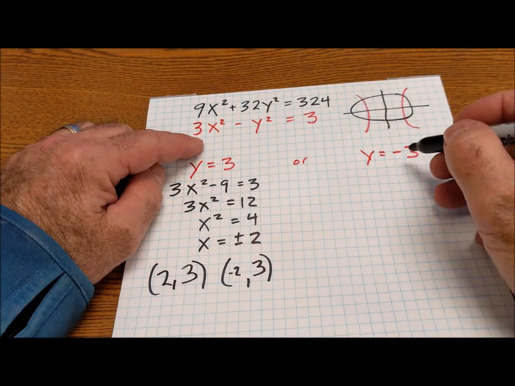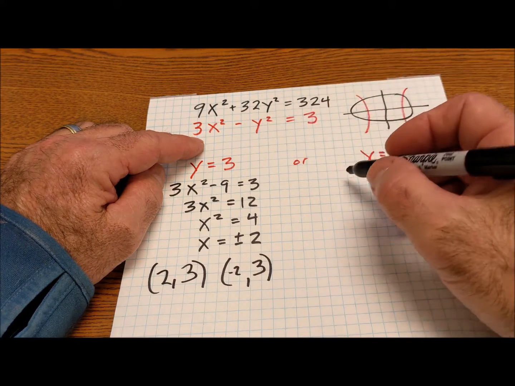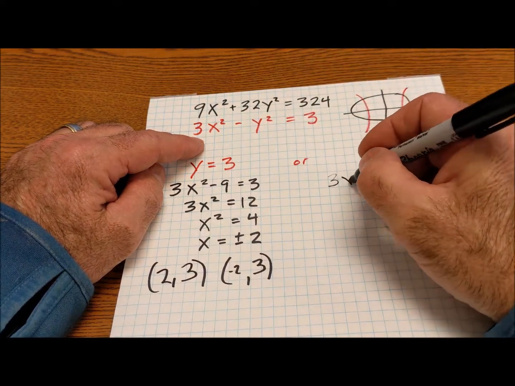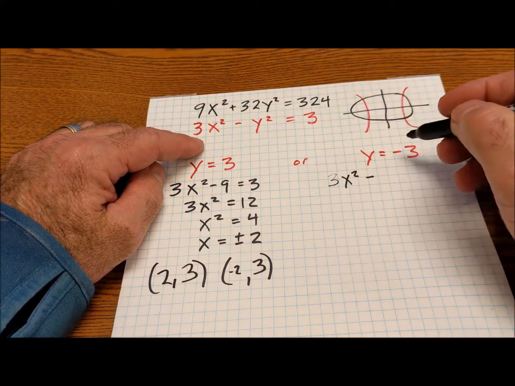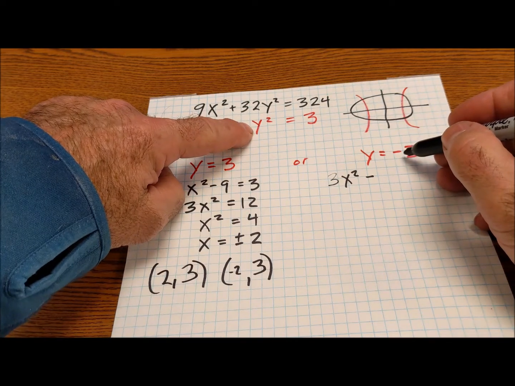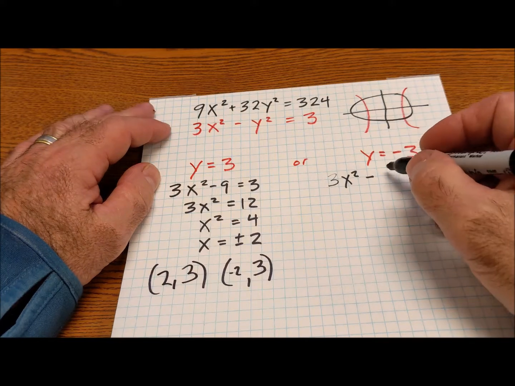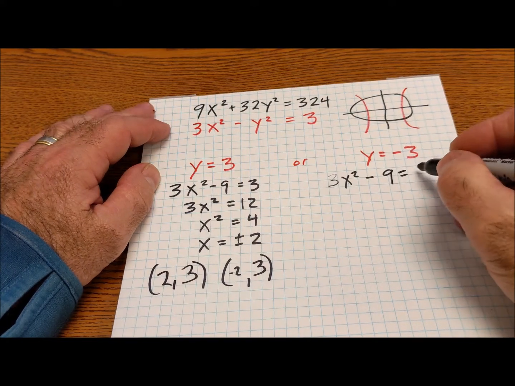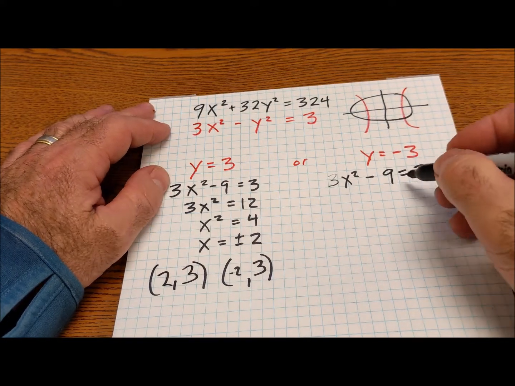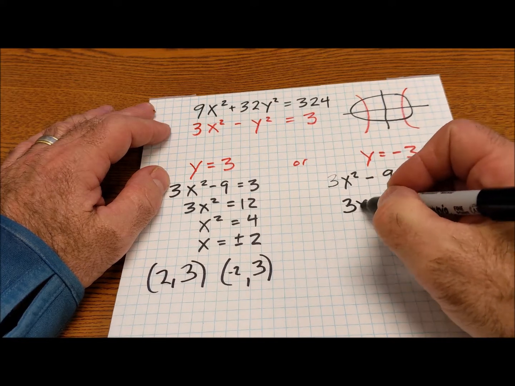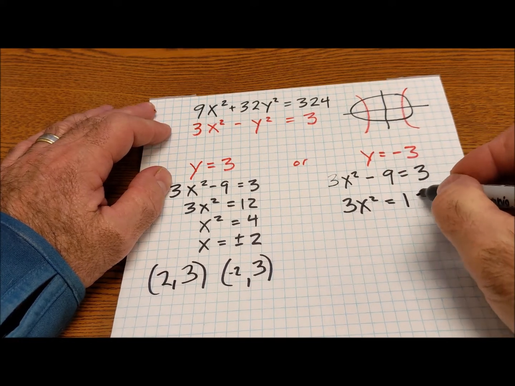So I'm going to take that negative 3 and plug it into that first equation. So I have 3x squared minus negative 3 squared. Write that minus out front, I'm not squaring the whole thing. So negative 3 squared is 9, equal to 3. I'm going to add 9 to both sides to get 3x squared is equal to 12.